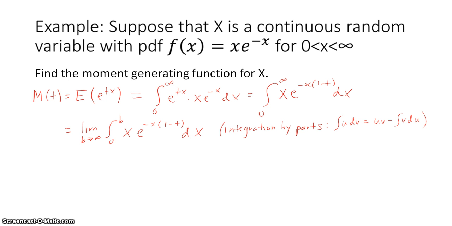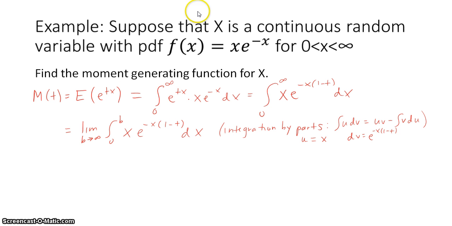If you recall integration by parts, the formula that we use is that the integral of u dv is equal to u times v minus the integral of v du. So we need to pick a portion of our integral here to serve as our u, and part of it to serve as our dv.